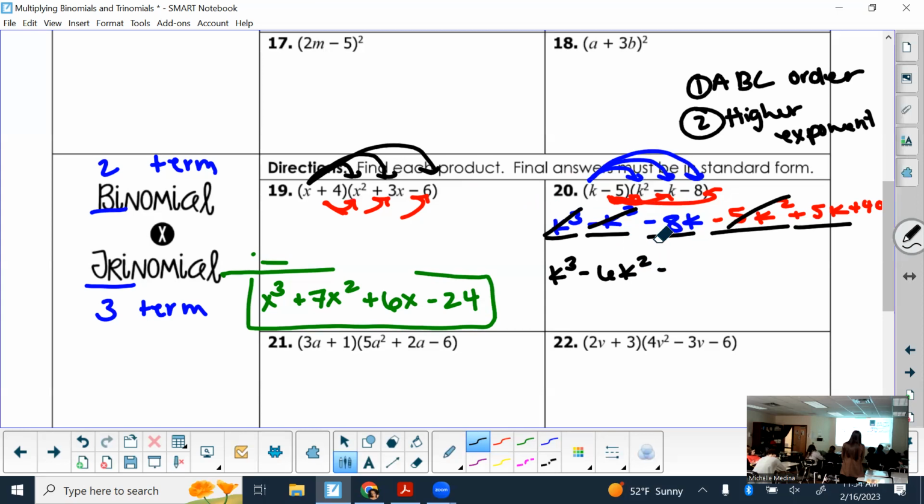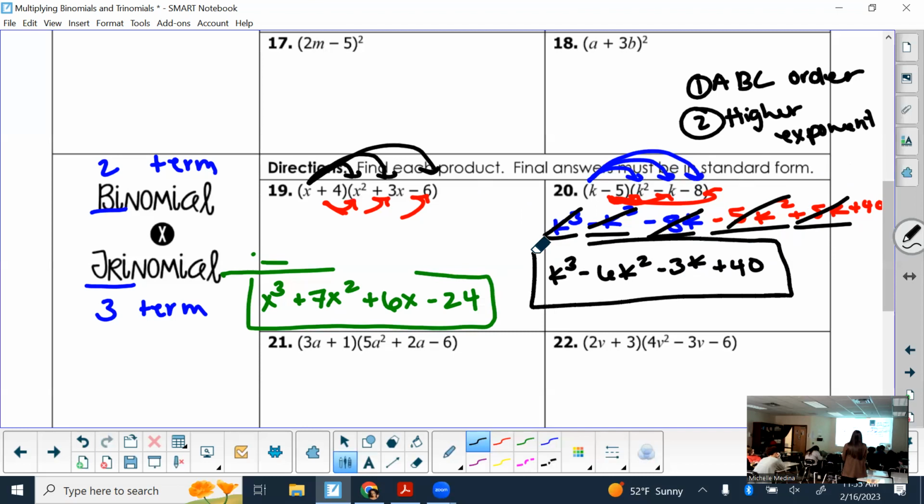No, try again. Feel free to use a calculator if you need to. Table 4, how about you help out? Negative 8k plus 5k. Negative 3k. Okay, so negative 8 plus 5, that's like owing someone $8 and then paying back $5. You still owe the $3. And then lastly, there's nothing else to combine with the 40, so you just add it on to your answer. So questions?